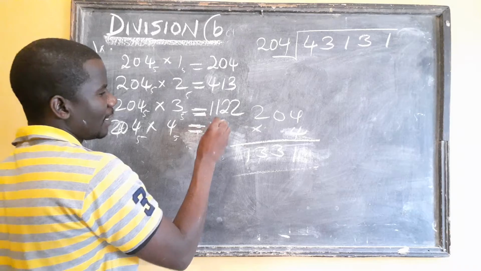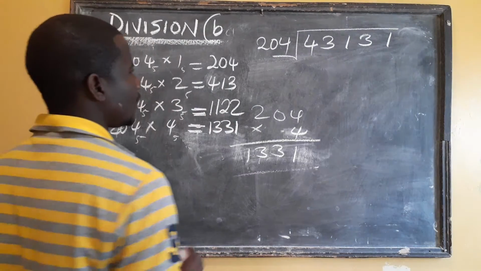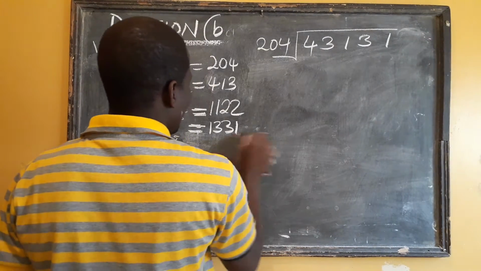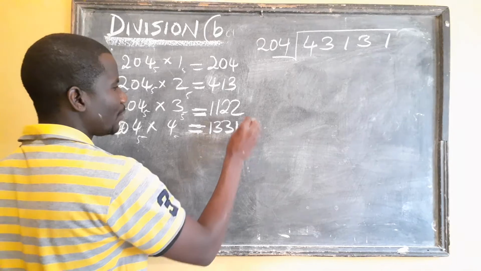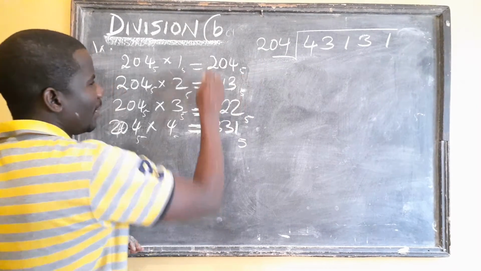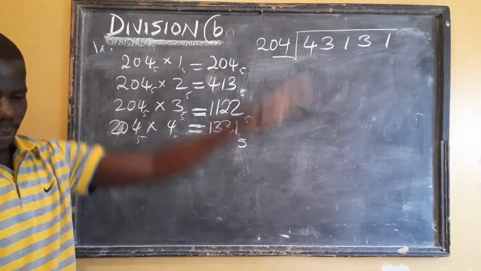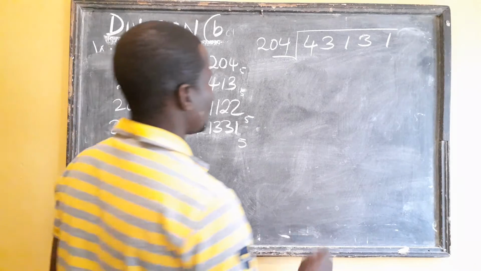So we have 1, 3, 3, 1. All right. These numbers are also supposed to be in base 5. And once we have done this, we come to the long division method here now.